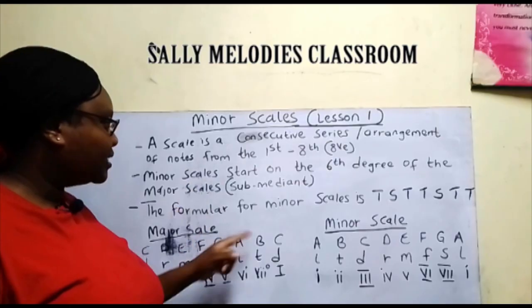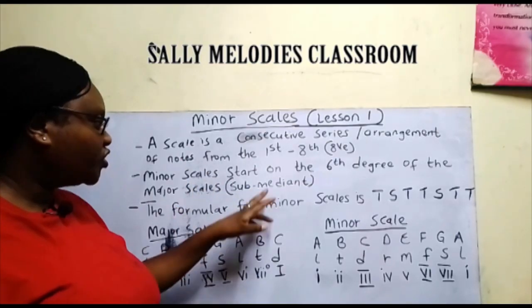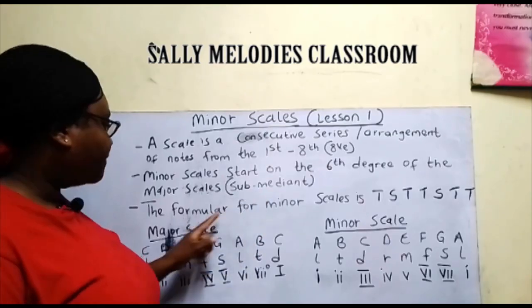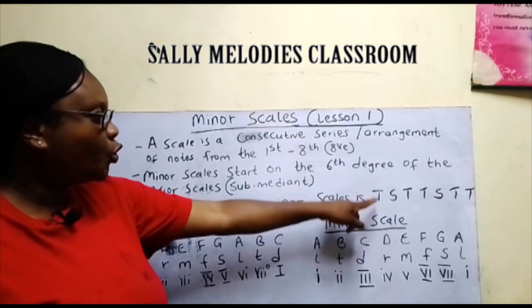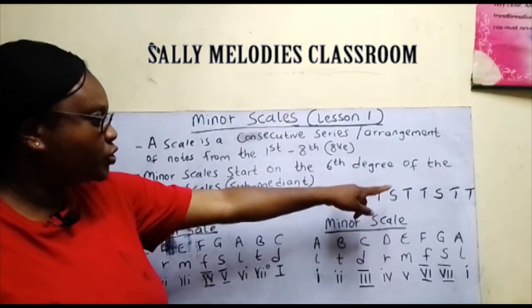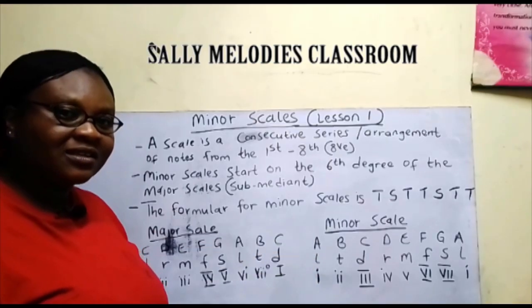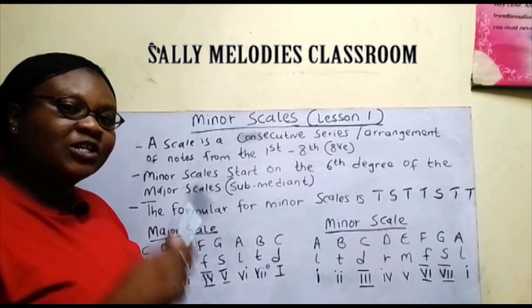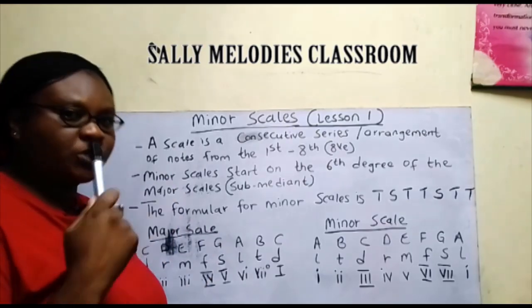Minor scales start on the sixth degree of the major scale, which is the submediant. The formula for the minor scale is tone, semitone, tone, tone, semitone, tone, tone. For the major scales, the formula is tone, tone, semitone, tone, tone, tone, semitone.